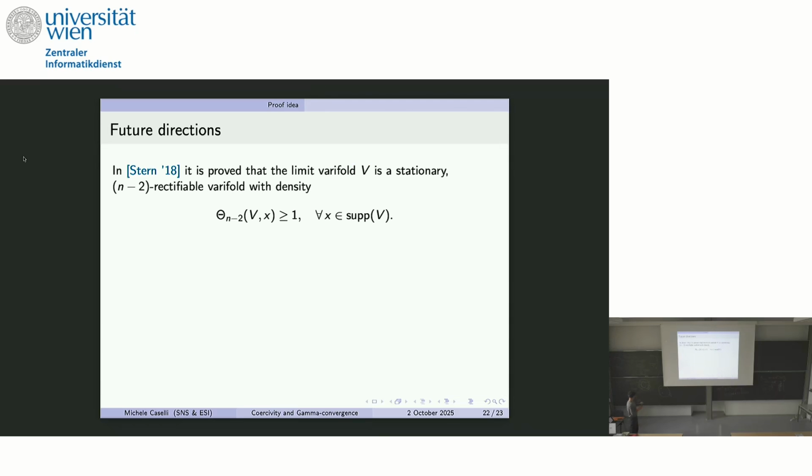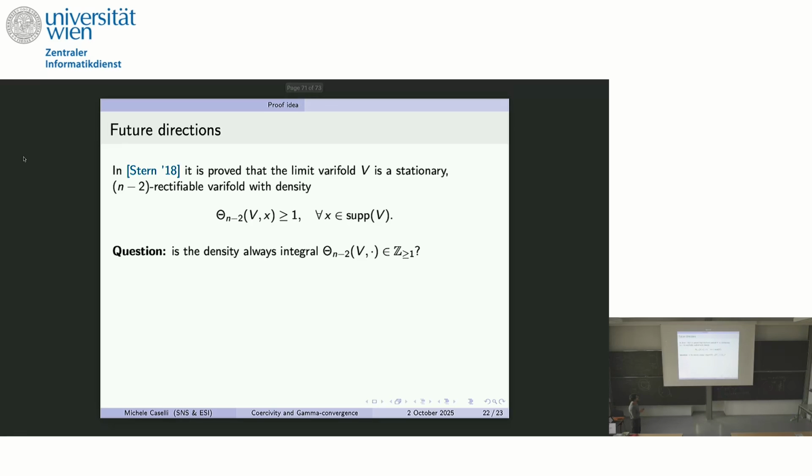So a few words about future directions, and then I'm done. So in the paper by Daniel Stern, the one I cited before about the convergence of critical points, he finds a stationary varifold that is n-2 rectifiable with density bounded below by 1, okay, on its support.